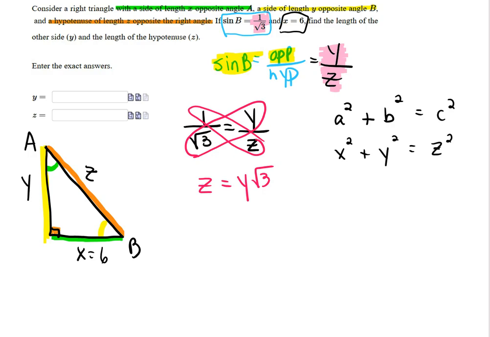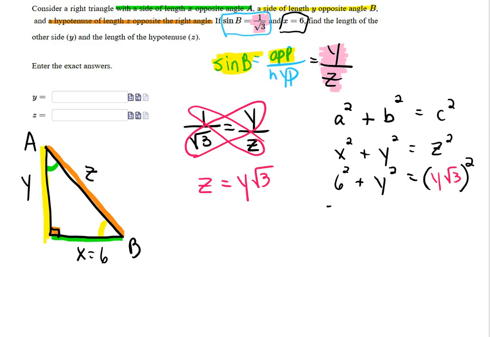The c is always your hypotenuse, and the a and b are your legs. I know x is 6. I do not know y, but I do know that z is y times the square root of 3, squared.